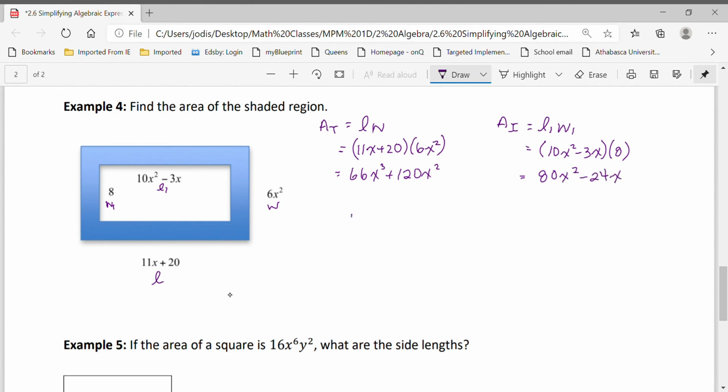So now my area of the shaded part is going to be my area total minus my area of that inside one. So my area total, we found to be this, minus the area of the inside. So get rid of my brackets.